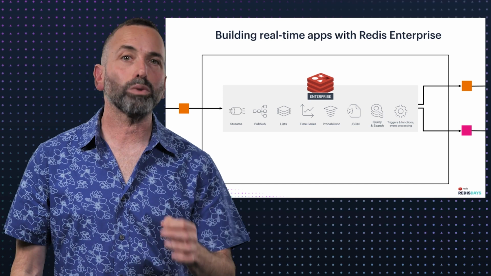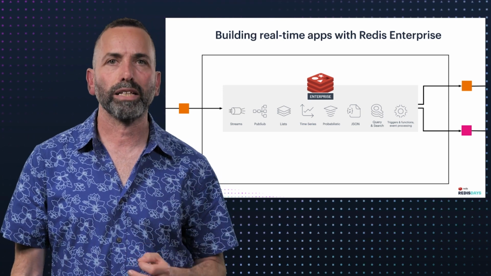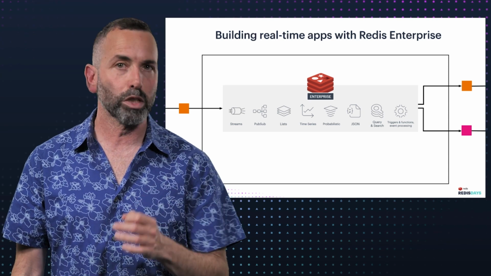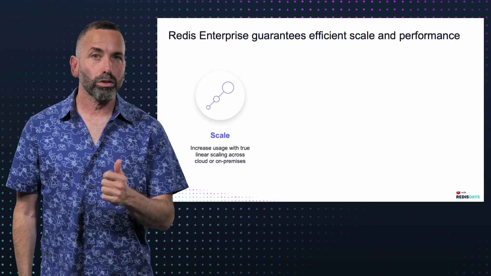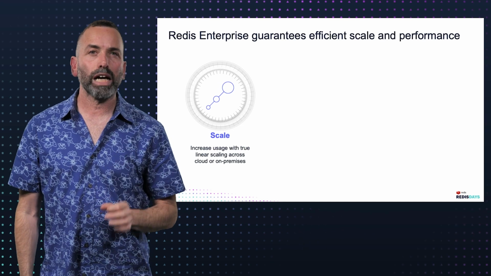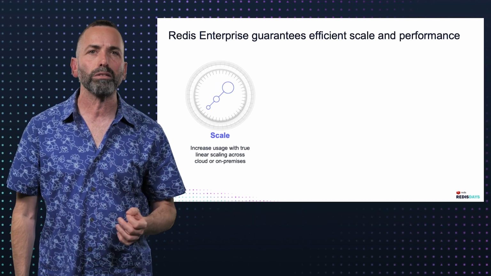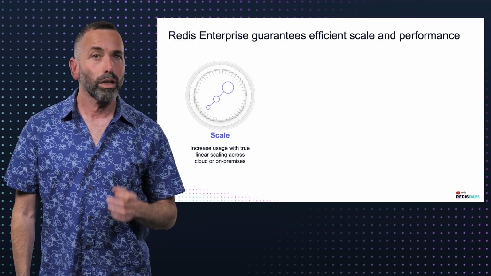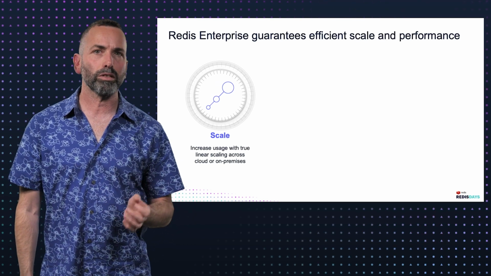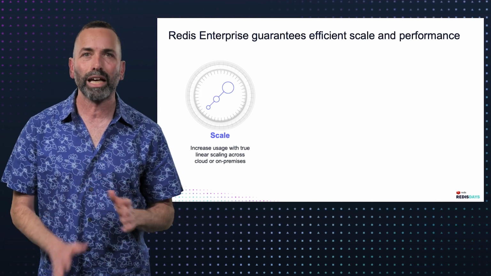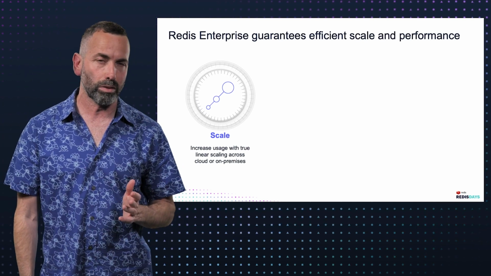So today, we'll go deeper into key pillars that set Redis Enterprise as the only enterprise-grade Redis that would meet your expectations. First, scale. Redis is now a critical component in so many architectures and needs to support constantly increasing scale. To this end, we've built Redis Enterprise to provide on-demand true linear scalability across any environment, cloud or on-premises.